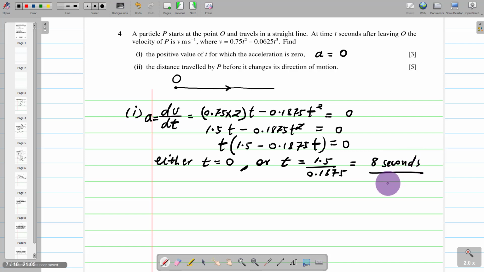This is how we'll work out the first part of the question. So the positive value of t for which the acceleration is 0 is this much.